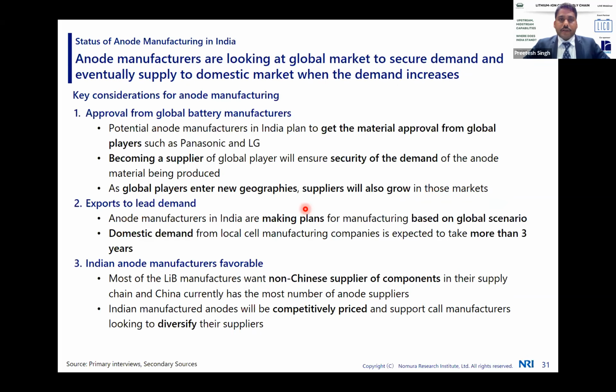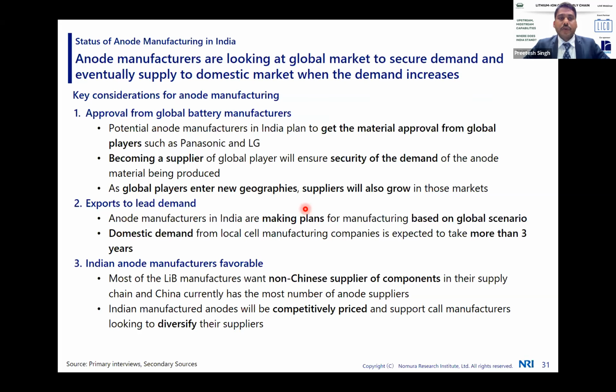Let me have a look at the anode manufacturing status in India. So how are these companies trying to capture the anode manufacturing market? The first target is approval from global battery manufacturers, because currently there is not much demand from Indian battery companies.